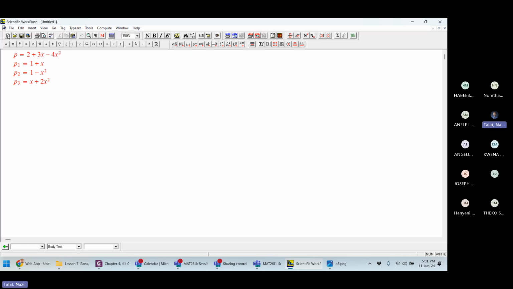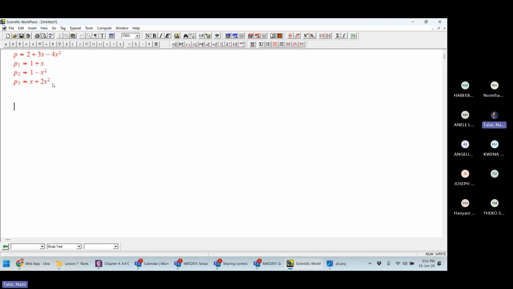We want to find the coordinate vector of this P. Definitely if these are bases, then they can generate every element of the vector space of polynomials of degree 2. So every polynomial can be generated with P1, P2, and P3, and we need to find the coordinate vector in that case.